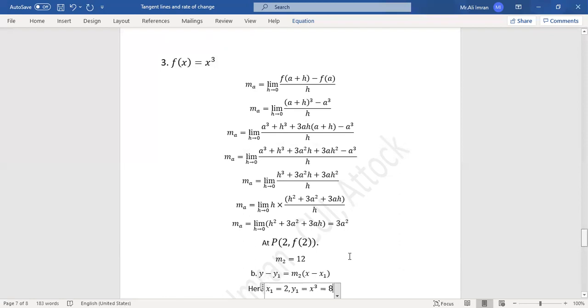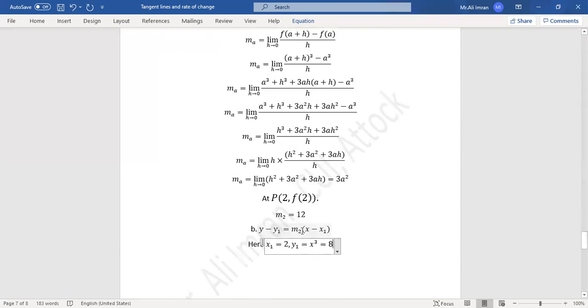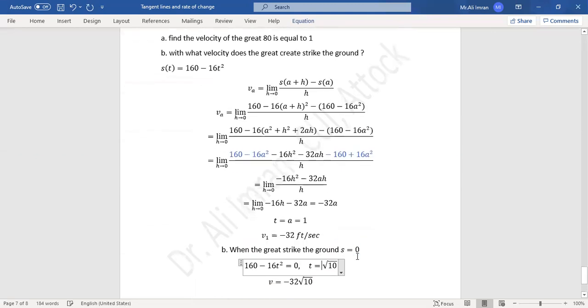Now putting the values of y1, x1 and m2 in this equation, we will get the equation of the tangent line. Y minus 8 is equal to 12 into x minus 12. You can simplify this.